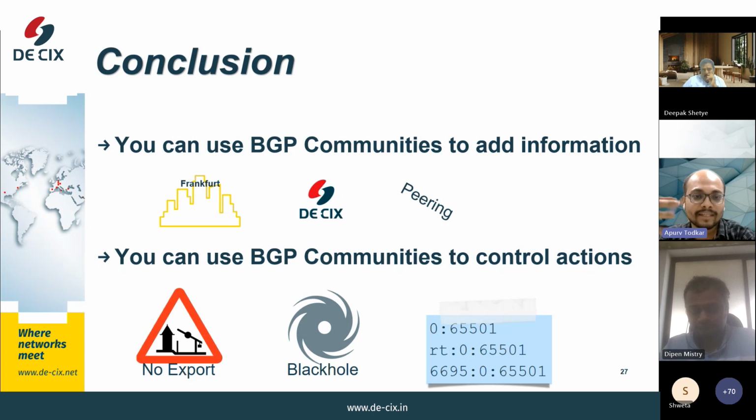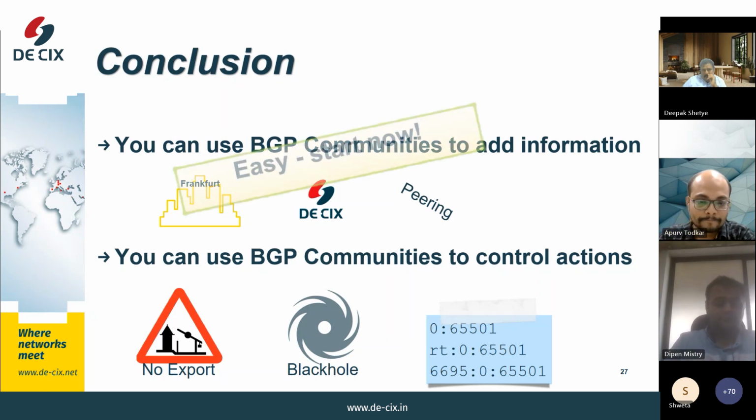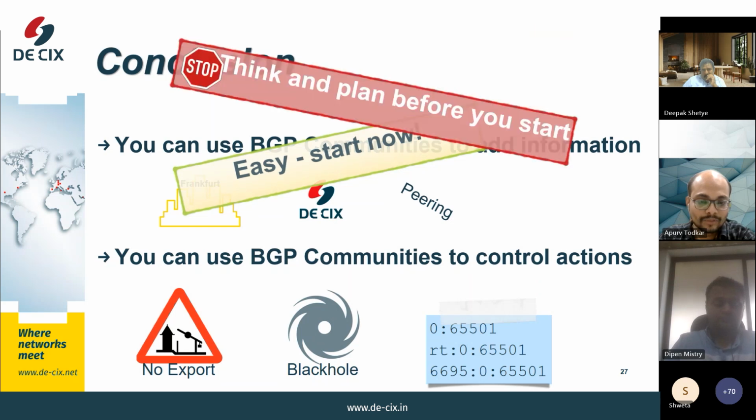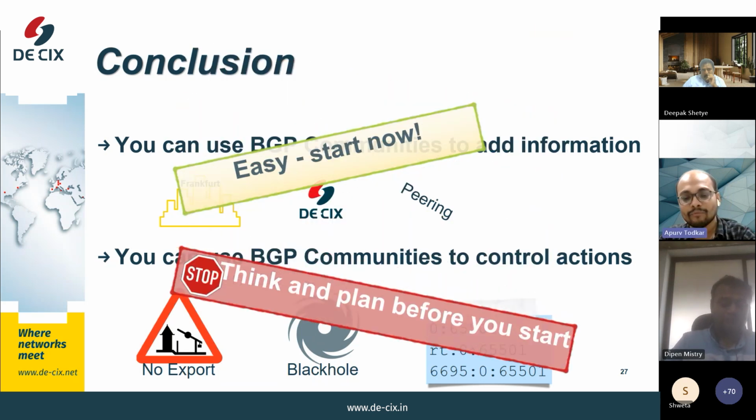So make sure while setting those BGP communities in your network, you plan and work correctly before implementing it. Like I said, you have to think before and plan before you use those controlling action BGP communities.